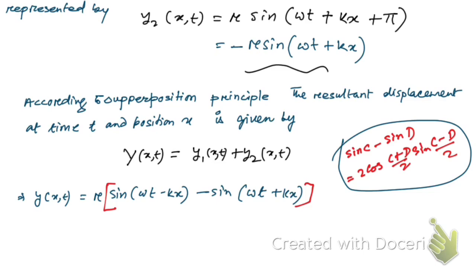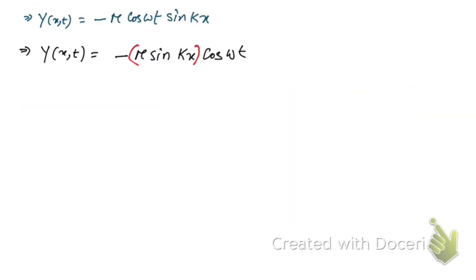There was a 2 in this formula, so I missed that 2. There should be a 2. So here you see, 2r sine kx is the resultant amplitude.